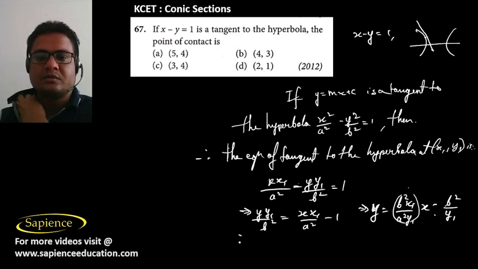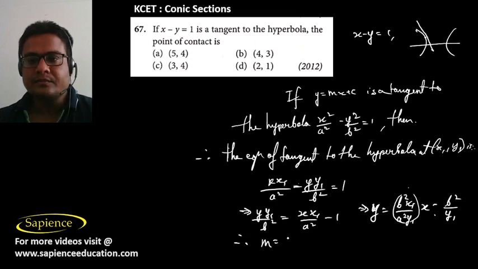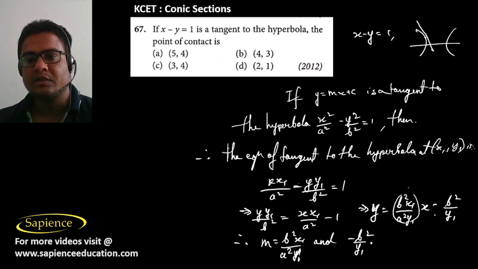So it means that the slope m will be equal to b square x1 by a square y1, and minus b square by y1 is equal to c.